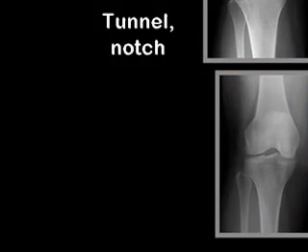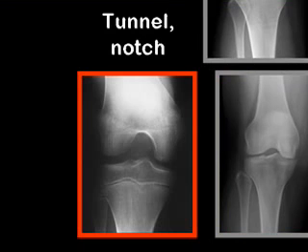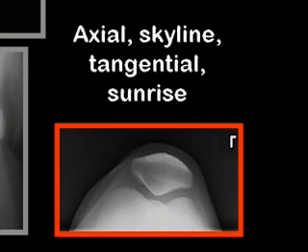In other institutions, it may include instead a tunnel or notch view of the knee, which demonstrates the femoral condyles in their posterior aspects and the intercondylar notch and intercondylar eminence particularly well, and the axial, skyline, tangential, or sunrise view of the patella, which shows the patella in its AP dimension and demonstrates the joint space between the patella and the femur.